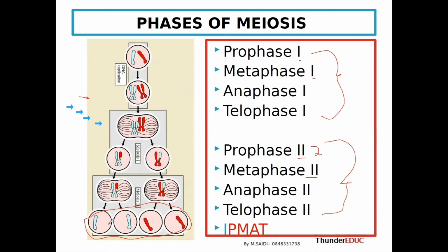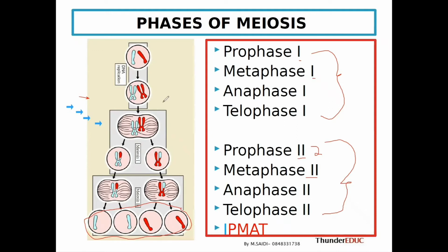If it happens in a male human, these are going to be sperm cells. If it happens in a female human, these are going to be egg cells. Of course, for the egg cell, these 3 are going to disappear at maturation. Only this one, the egg, becomes fully matured. Okay, so this is the process of meiosis.